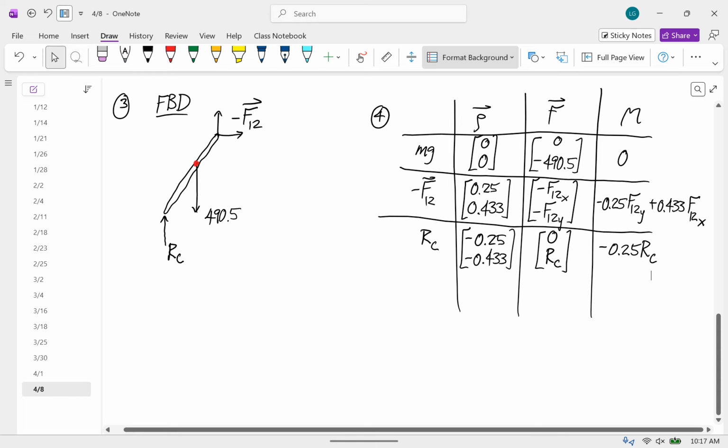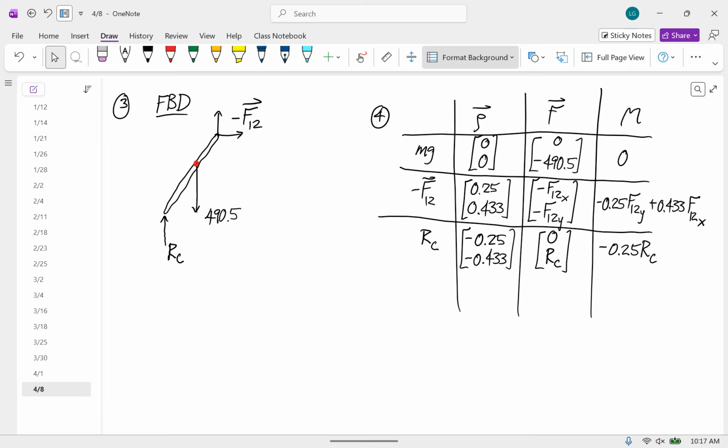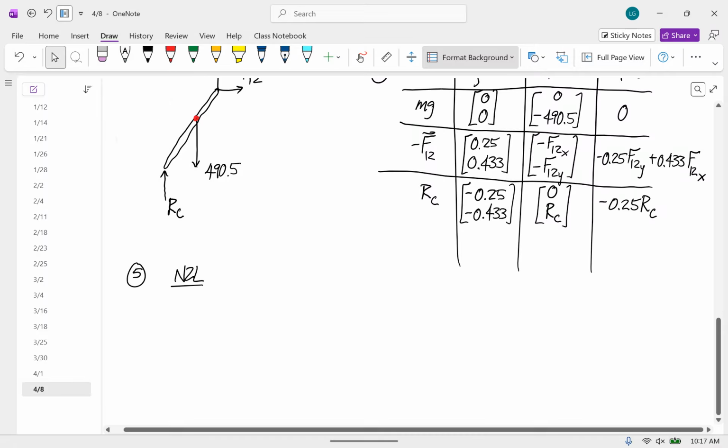Do we need Newton's second law for this one? It's not fixed. Not fixed. So yes, we need it, exactly. So Newton's second law. We're going to take all of these forces and set them equal to mass times acceleration.